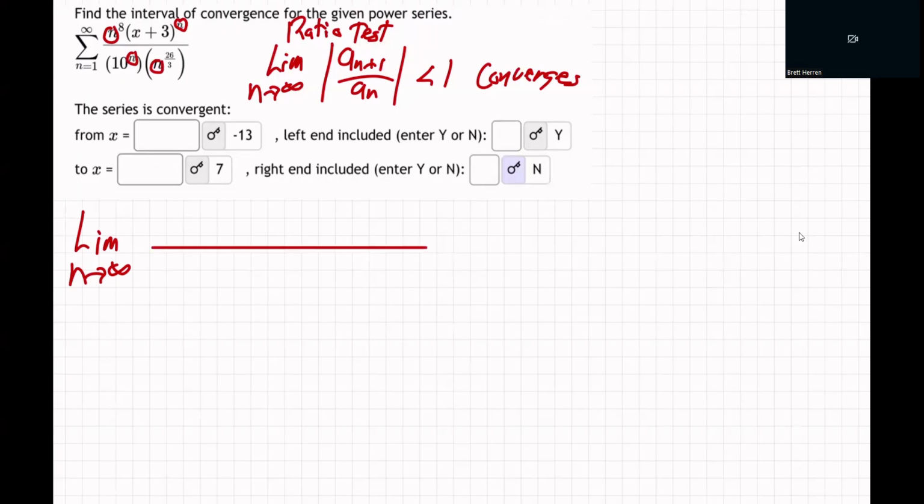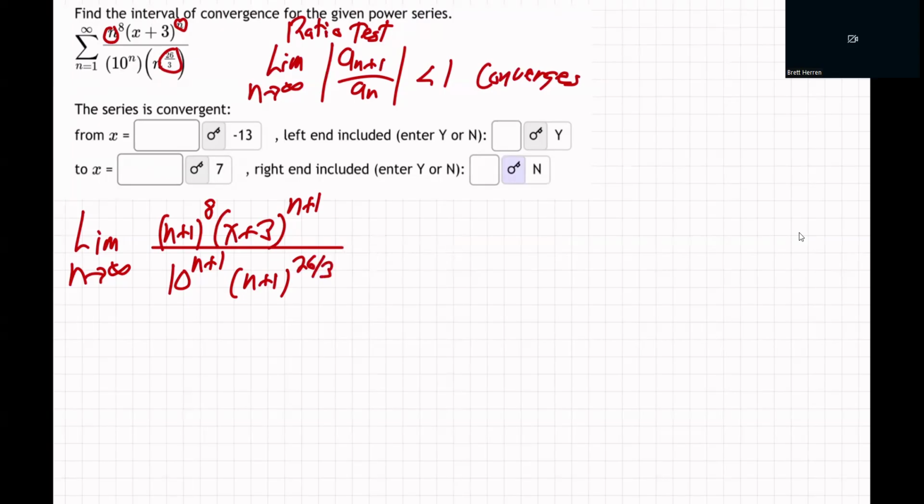So that's going to become n plus 1 to the 8, x plus 3 to the n plus 1, 10 to the n plus 1, and that's n plus 1 to the 26 thirds. Okay, that was the n plus 1 plugged in.